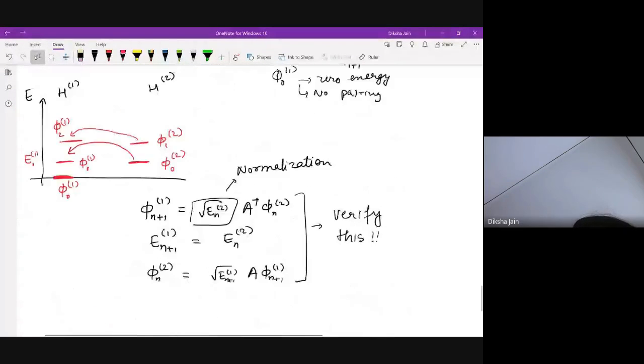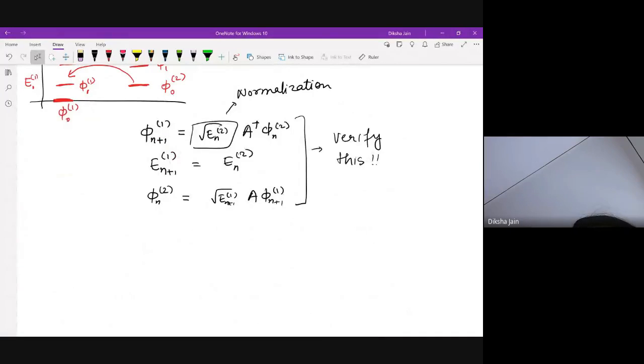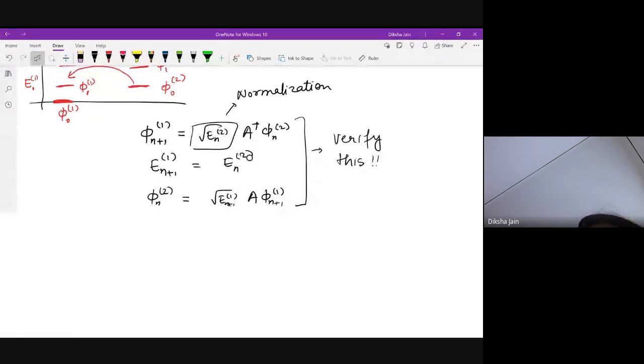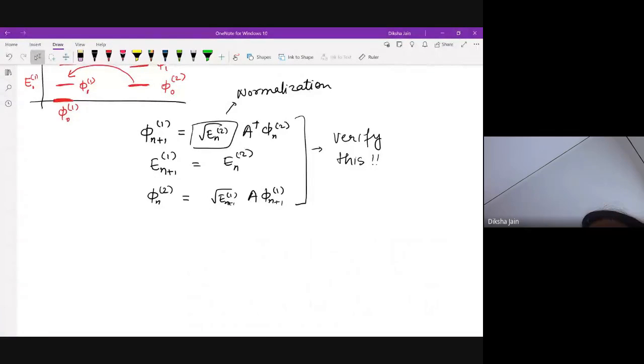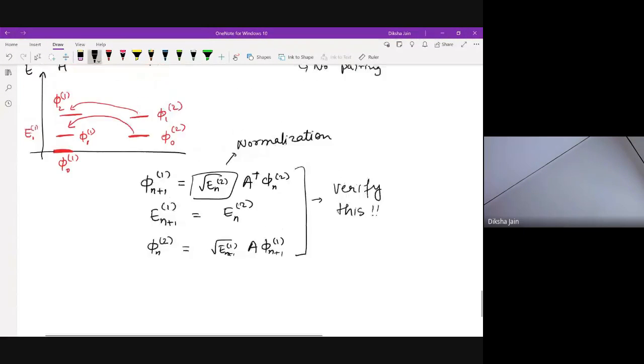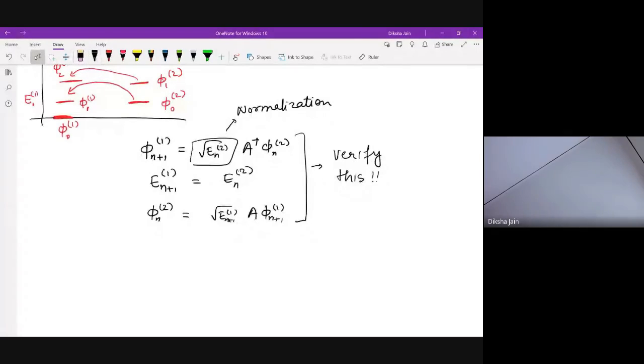Applying A on the eigenstate of H1, you will get phi 2. Similarly, applying A dagger on H2, you will get a state of phi n1. And since the energies of these two states should be same, I also showed that they are paired with the same energy. So the n plus 1th energy of the first Hamiltonian is same as the nth energy of this. Okay, we'll do an example. Maybe it will become more clear.